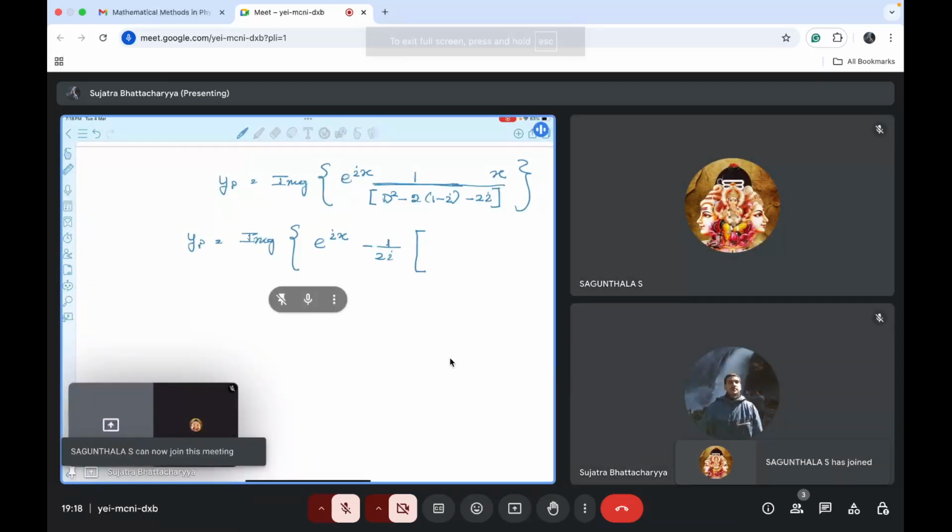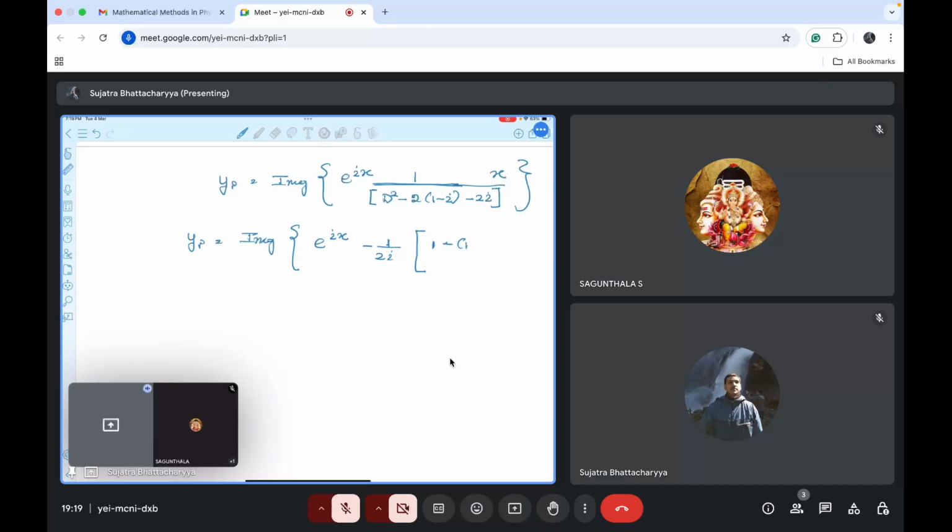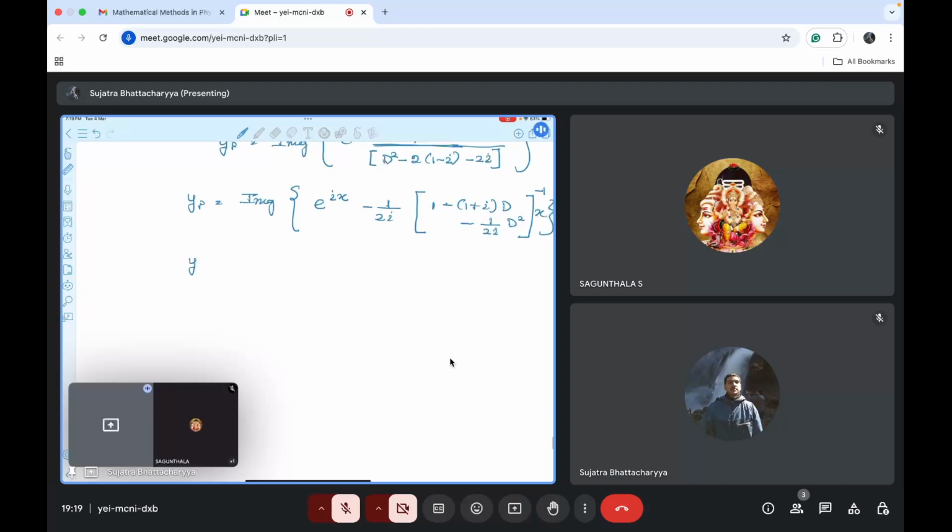Okay, so we can write it like this. So 1 minus (1 plus iota D) minus 1 upon 2 iota D square. This is how we can write, but we can inverse, times x. Okay, so this is how we can write. So y p is the imaginary component of, okay, this is like this.